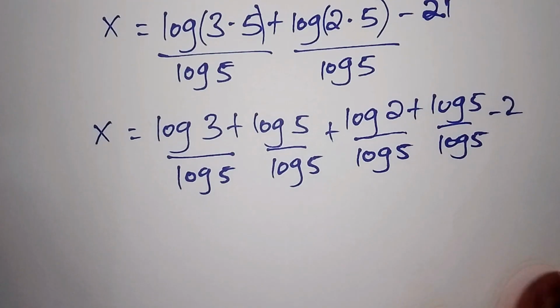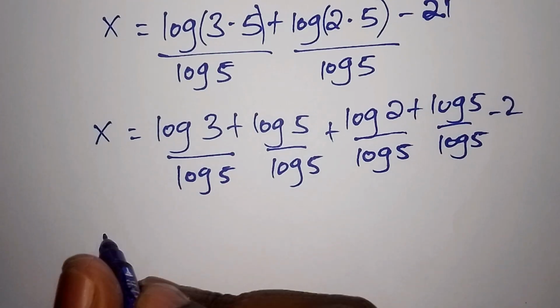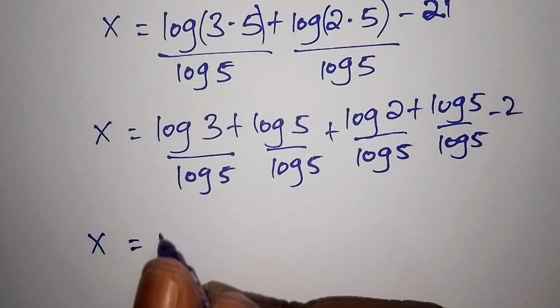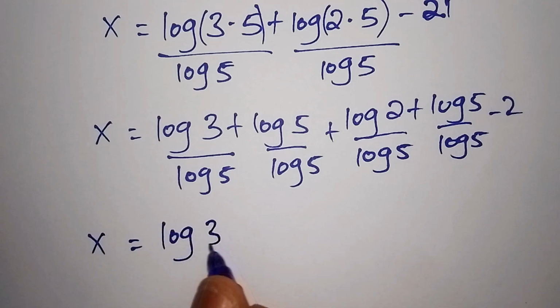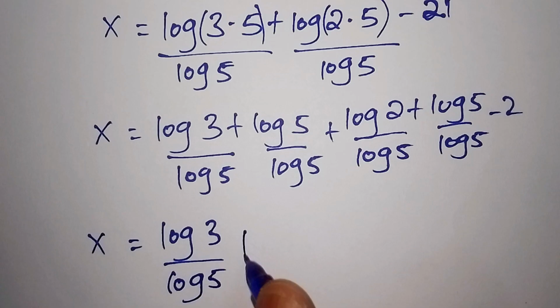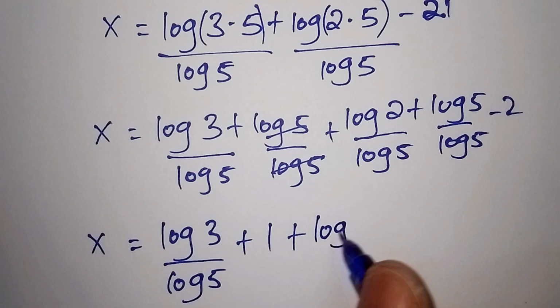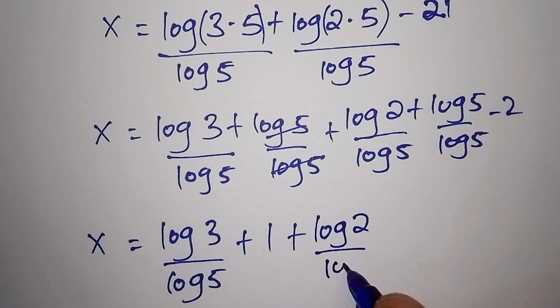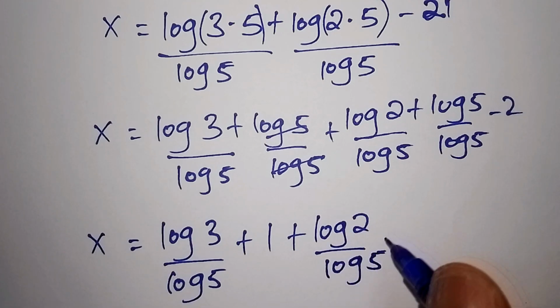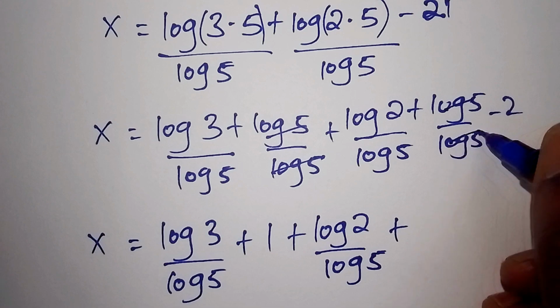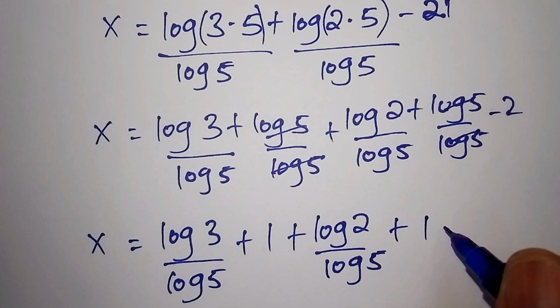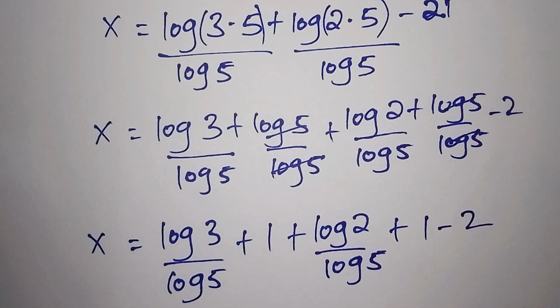So the value of x is the log of 3 all over the log of 5, plus log 5 and log 5 cancel, leaving 1, plus the log of 2 all over the log of 5, plus log 5 and log 5 cancel, leaving 1, minus 2.